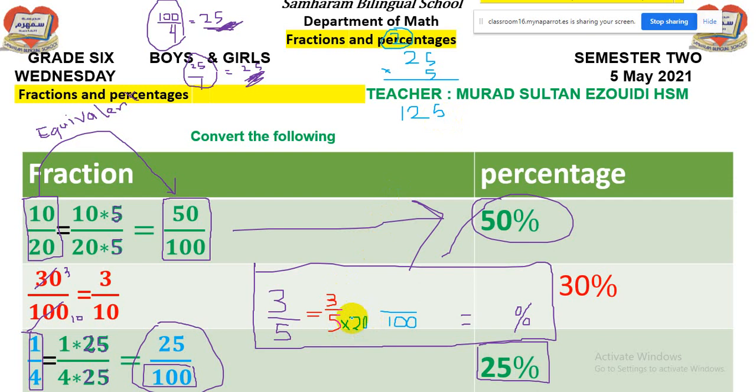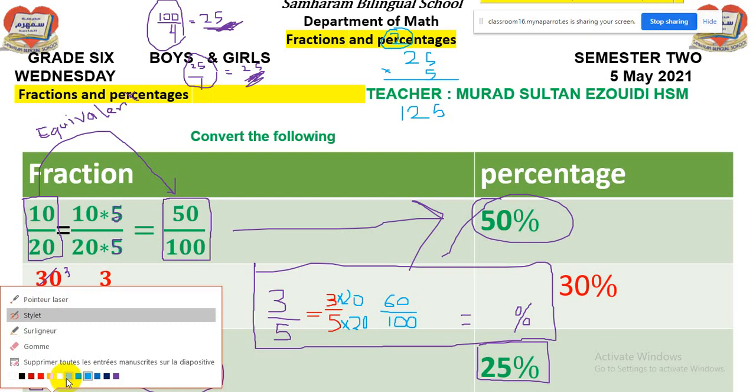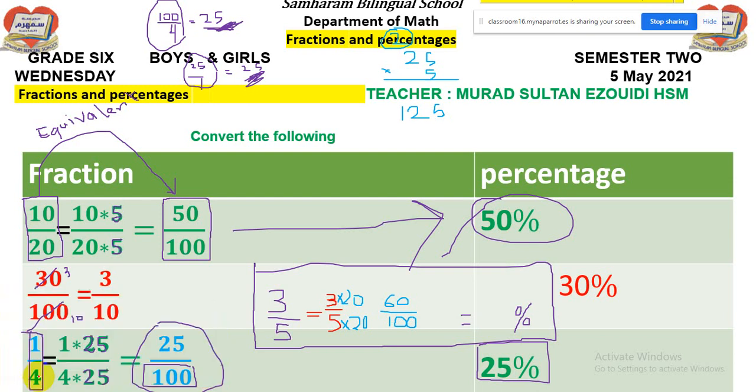As you multiply the denominator by 20, you should also multiply the numerator by 20. So 20 multiplied by 3, my daughters, is 60. 60 divided by 100 is the equivalent fraction. This one I will color, for example, with red.